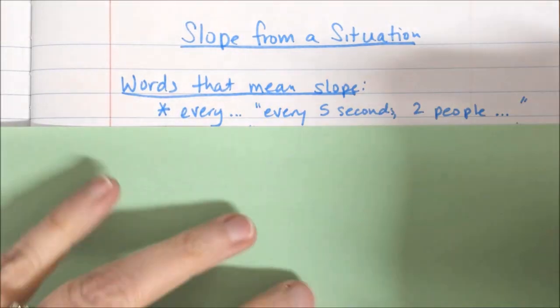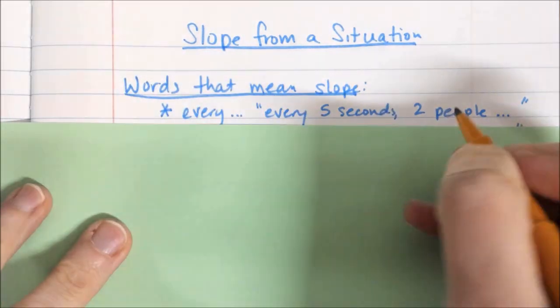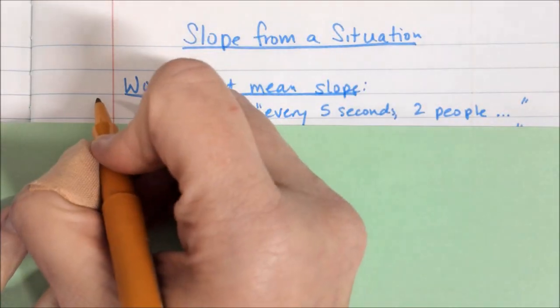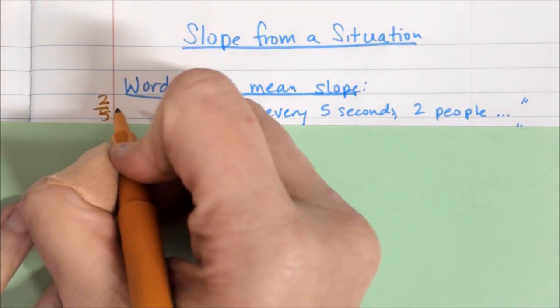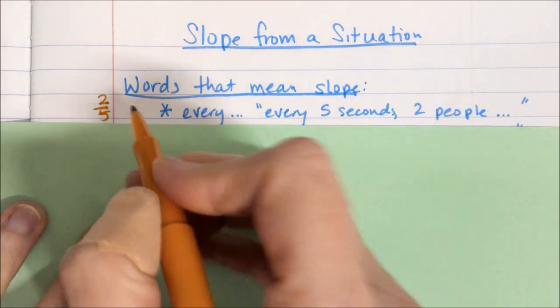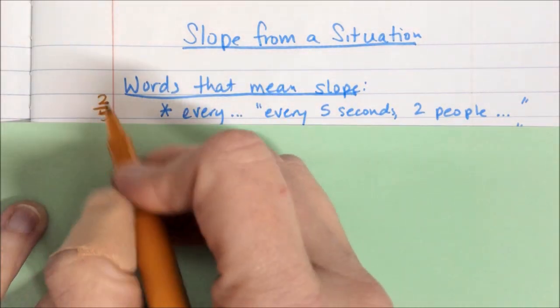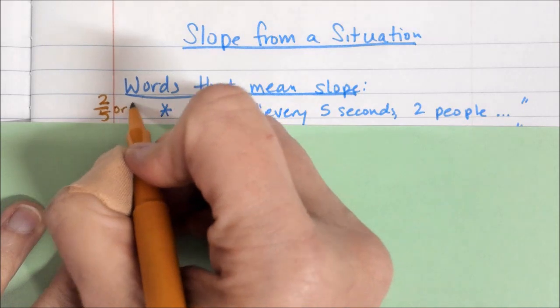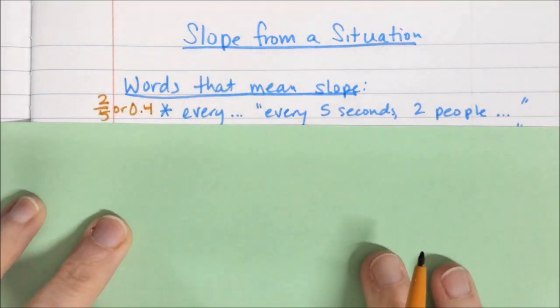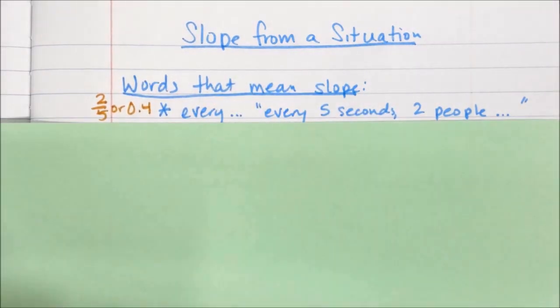So I would write people per second, 2 over 5, and if I could, I would reduce that. I could also write that as 0.4. Every tells us that we're seeing some kind of repeated value.